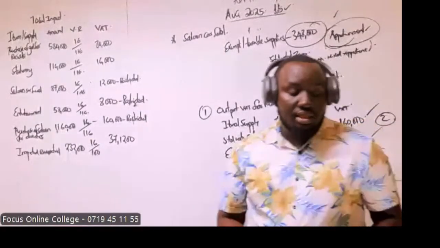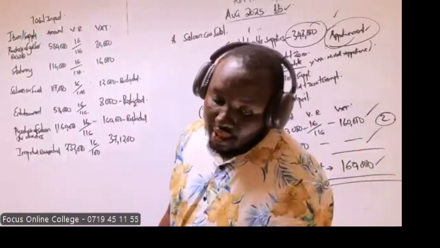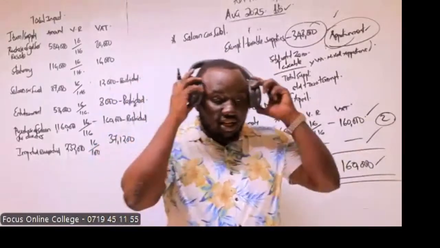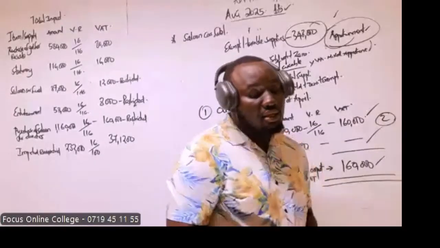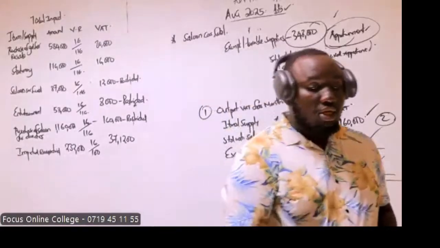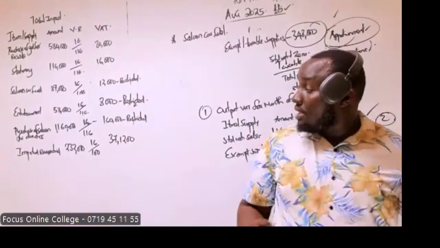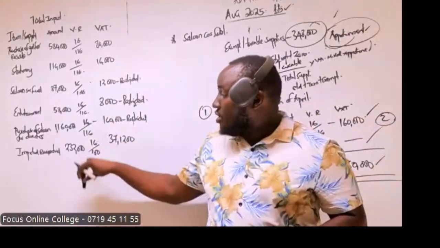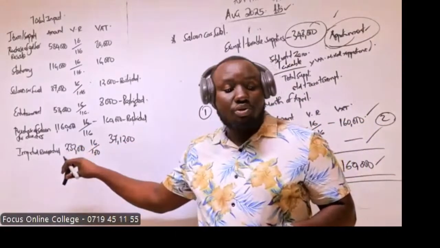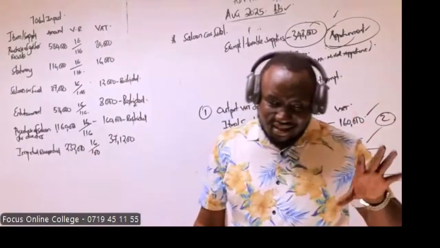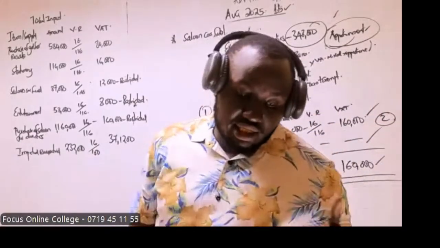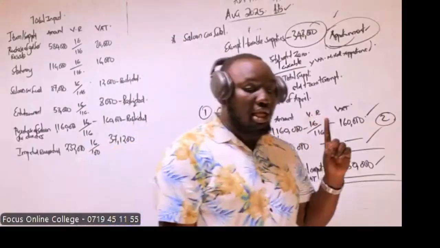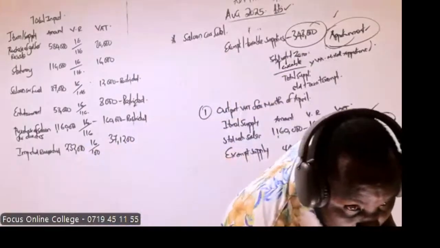I think that was also one of the mistakes. It appears like that, but remember the VAT is not there on that. The 232 is without VAT. I think the way the examiner sets it, that was the issue. So just note that those figures are not VAT.